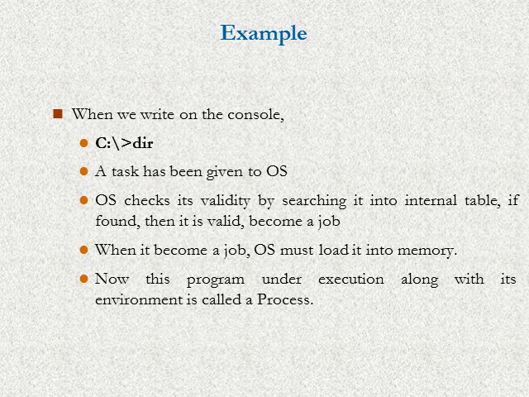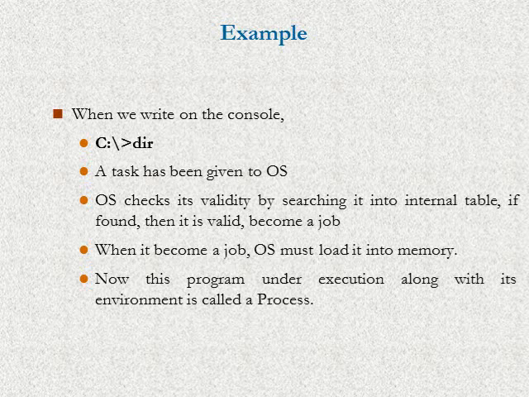It checks it from the list of legitimate tasks that it can perform, and then it either verifies it or rejects it. If it verifies it, then it becomes a process. This particular job is loaded onto the main memory, and all the resources that are requested or required by this process are given to it.